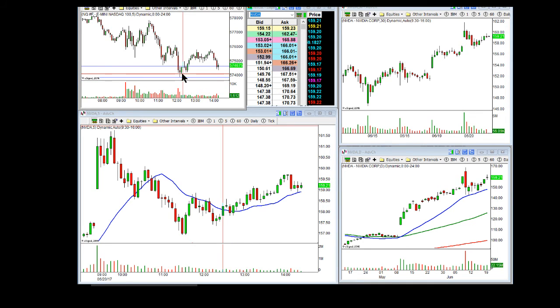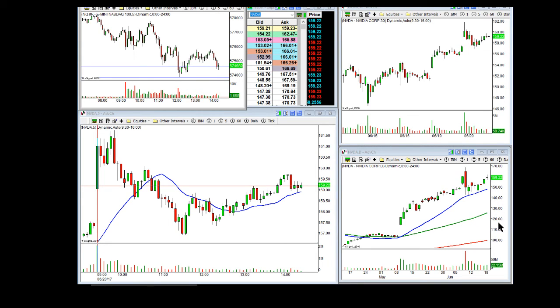Just recapping what I said here is to take note of any stock. I picked NVIDIA, but any stock that you would choose to trade, and do the analysis in multiple time frames, starting with your daily and seeing, is it in an uptrend, is it in a sideways trend, or in a downtrend.